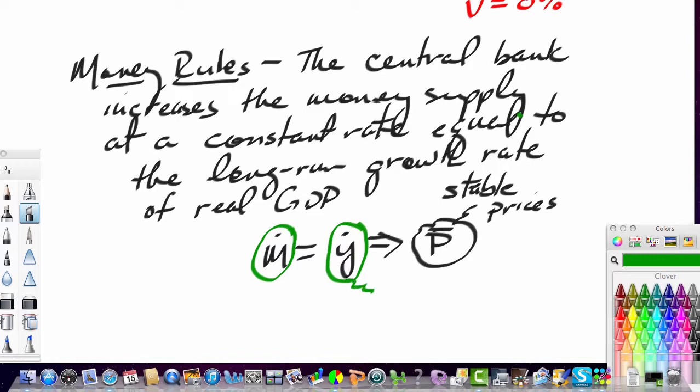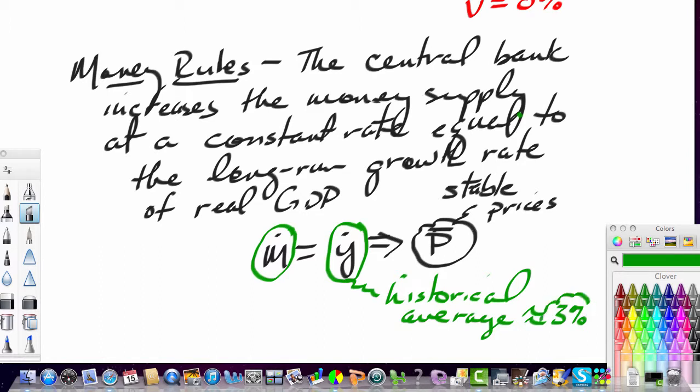Now, what policymakers can do is look at a historical average. For the United States, the historical average has been about 3.5% since macroeconomic data has been systematically accumulated. So let's say that in the United States the historical average is about 3%.